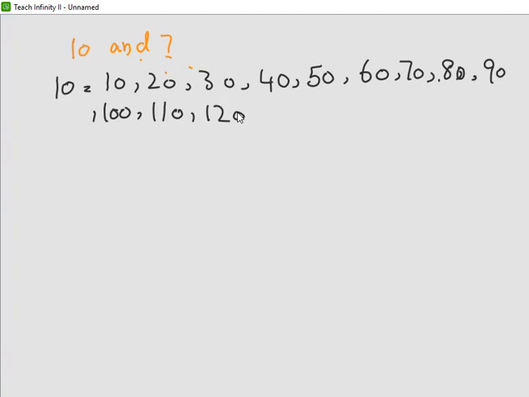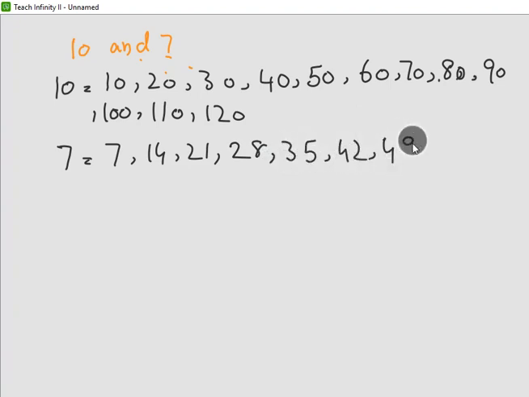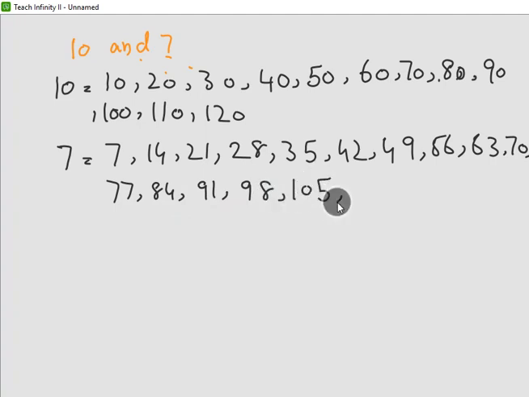Similarly, we have to find multiples of 7. That is 7, 14, 21, 28, 35, 42, 49, 56, 63, 70, 77, 84, 91, 98, 105, 112, and 119.